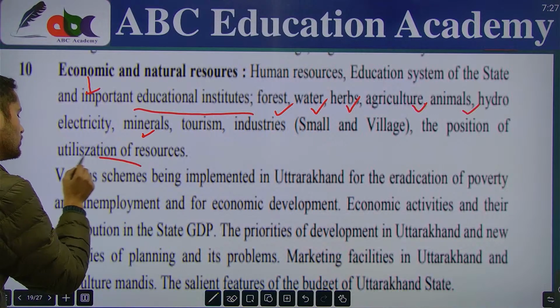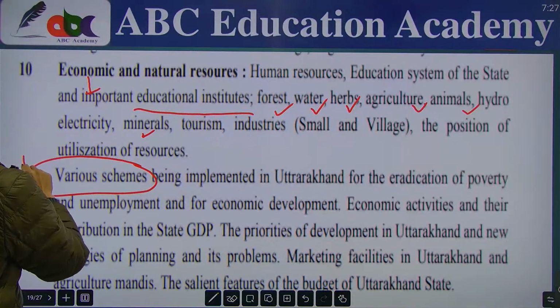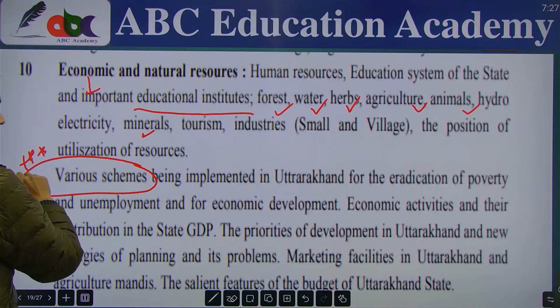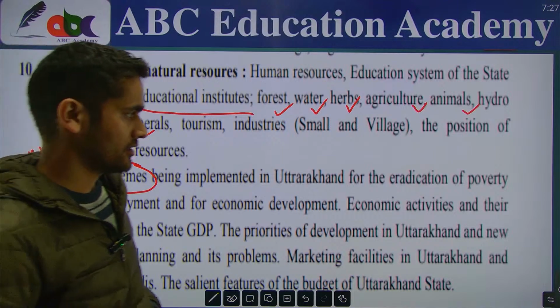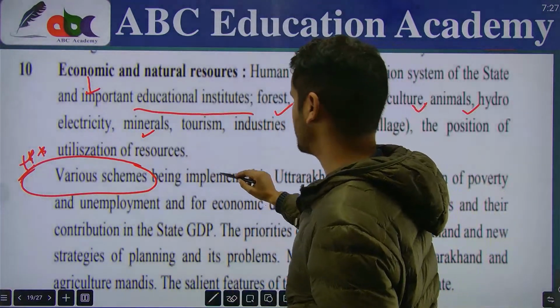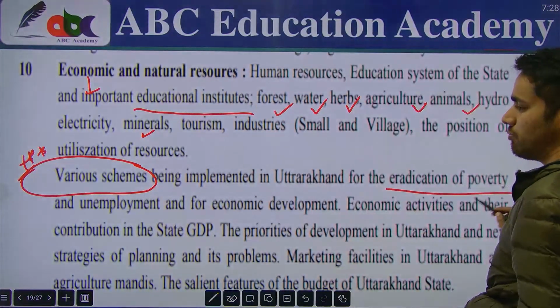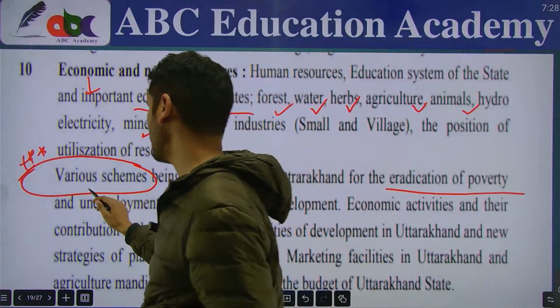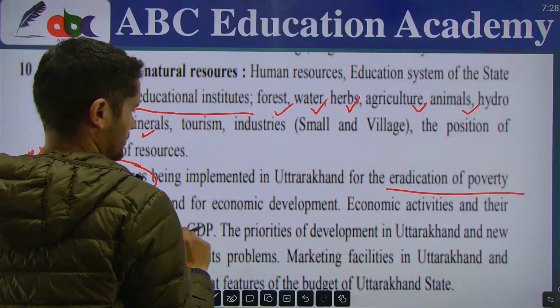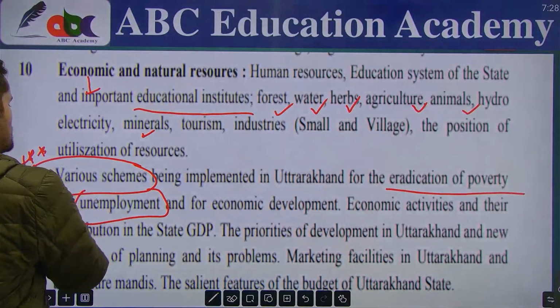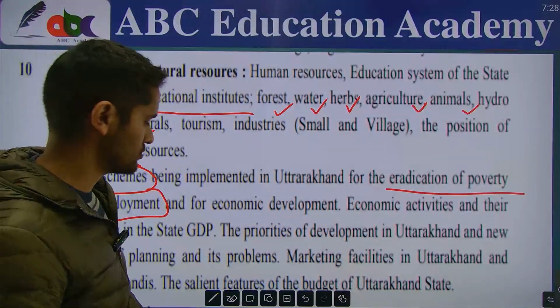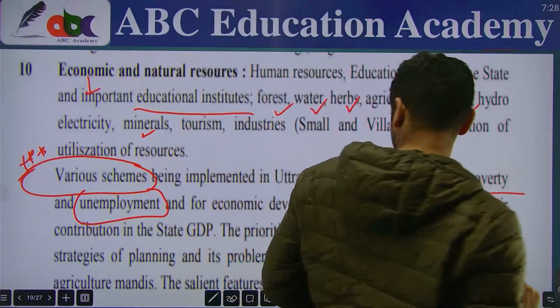You also need to cover various important schemes related to eradication of poverty and unemployment. These schemes are generally asked in the paper, so you have to keep an eye on these.